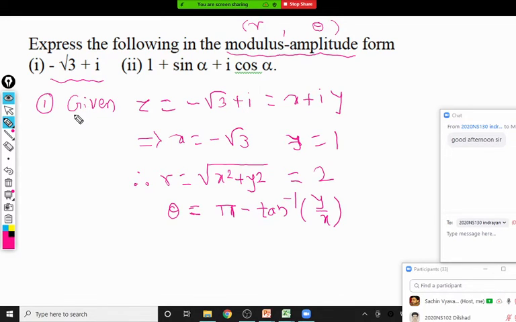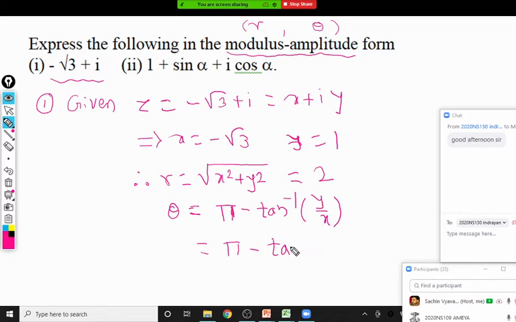So a calculator generally gives you the correct angle when you are in the first and second quadrants. But when you are in the third or fourth quadrant, you have to be careful with a calculator, or you should know these formulas. Now we use this pi minus tan inverse y by x because this is the formula for an angle in the second quadrant. So pi is as it is.